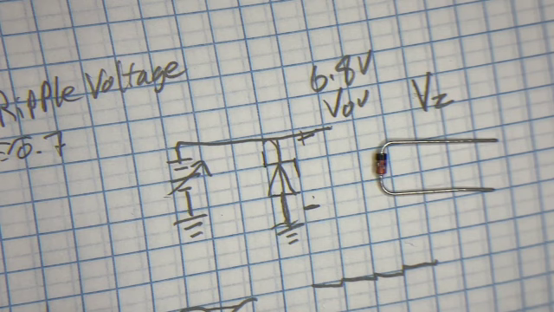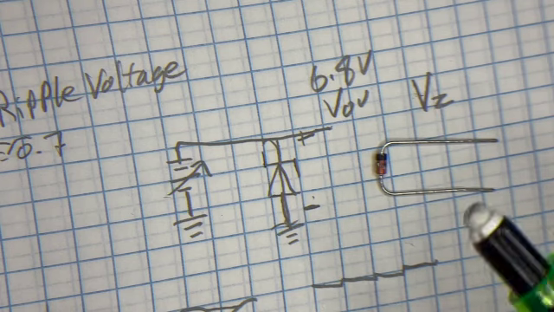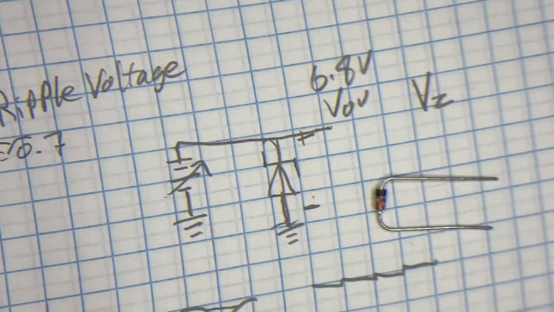Now, there are other factors you have to consider, like how much current this Zener can take and what its breakdown is going to be like, and all that. But funny enough, these things are used in voltage regulators because of how accurately they will hold this voltage in place.